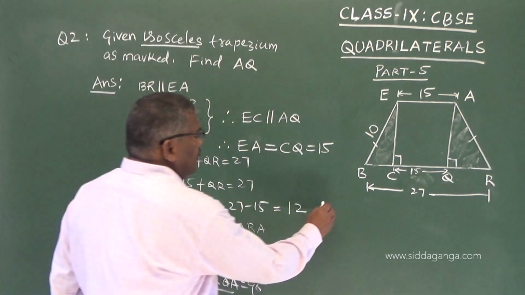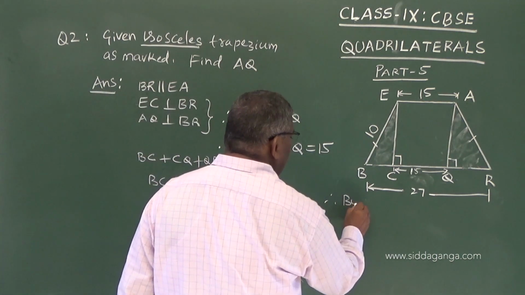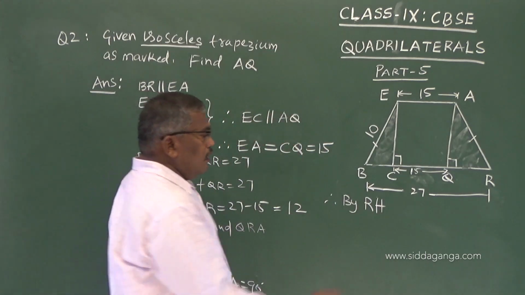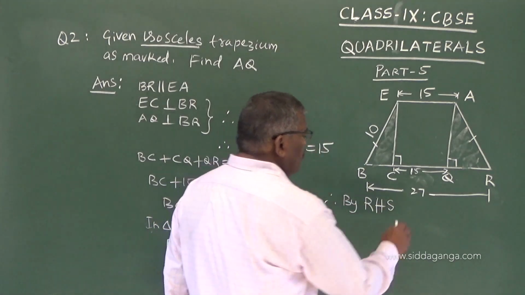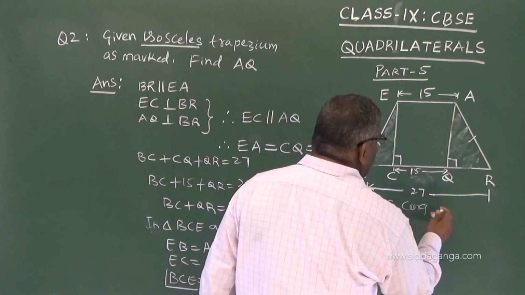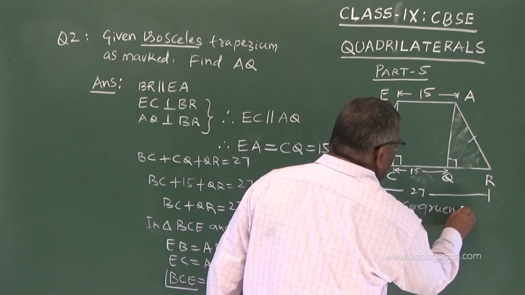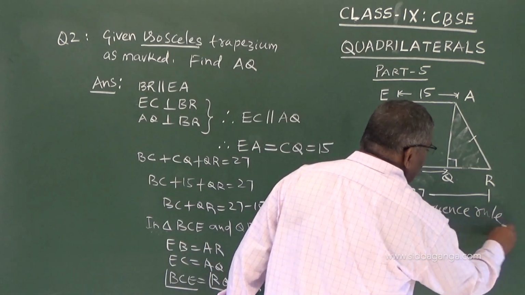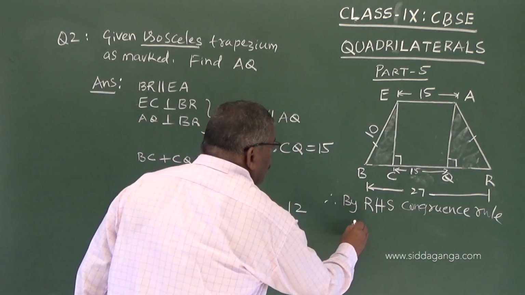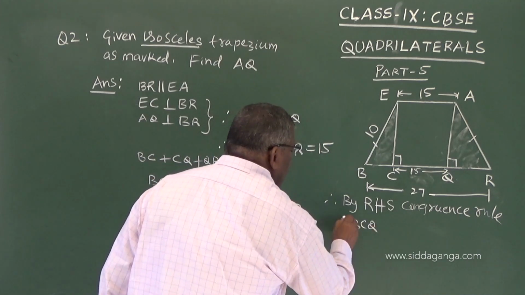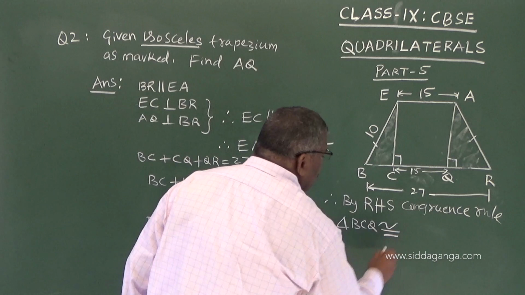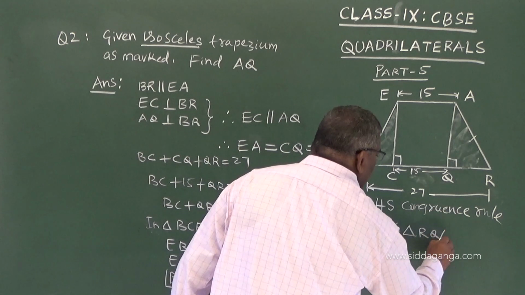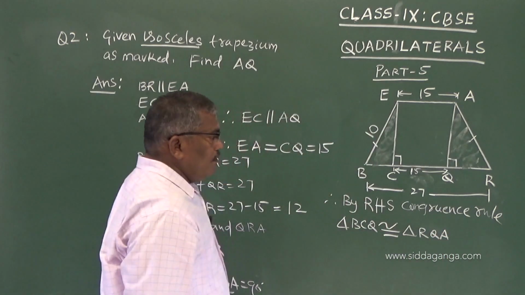So therefore by the right angle, hypotenuse, side, RHS congruence rule, triangle BCE is congruent to triangle RQA.